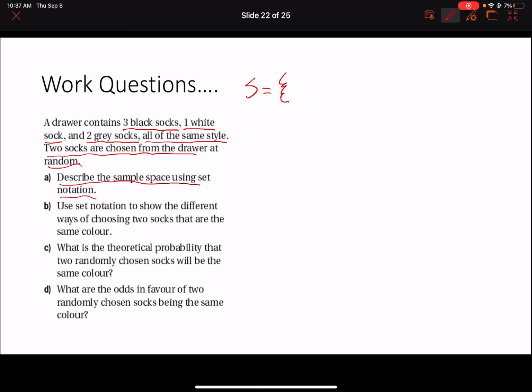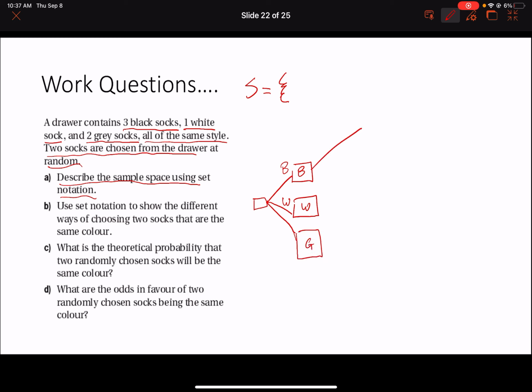I can only do this with, what's the probability? What can I pick? I can pick black. I can pick white. I can pick gray.